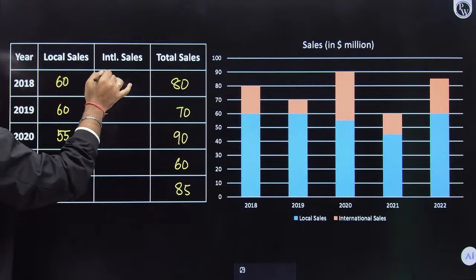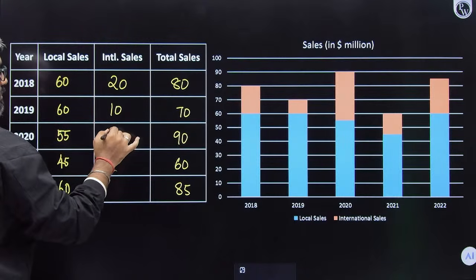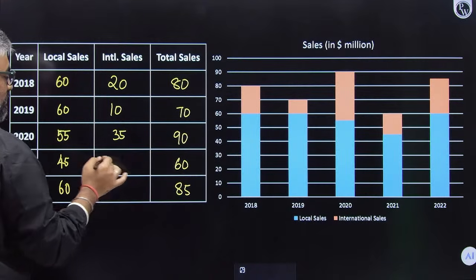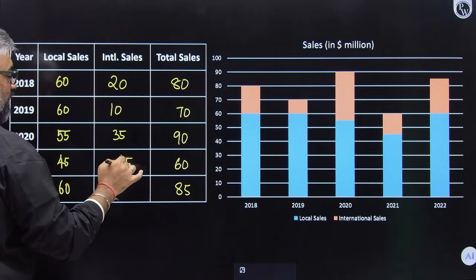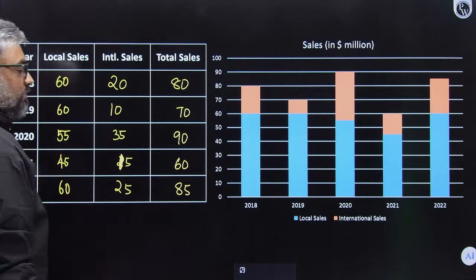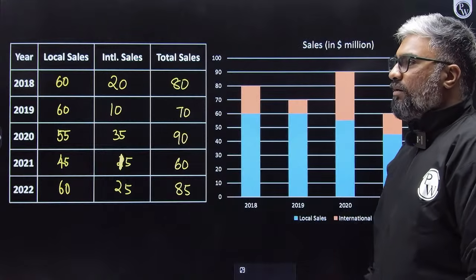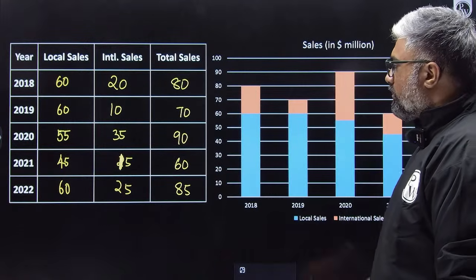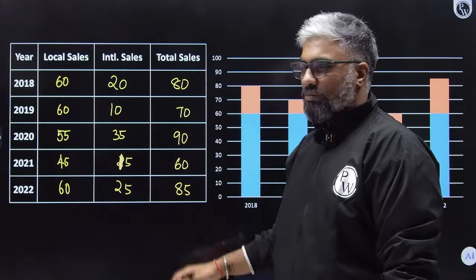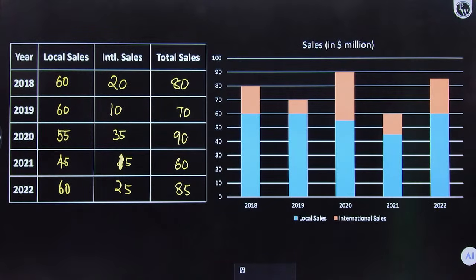So if I subtract, I'll get international sales. This is 20, this is 10, this is 35, this is 15, sorry, and this is 25. Perfect. So we have all the data. We don't have to worry about the data. So we can jump off and get into answering the questions. Okay.